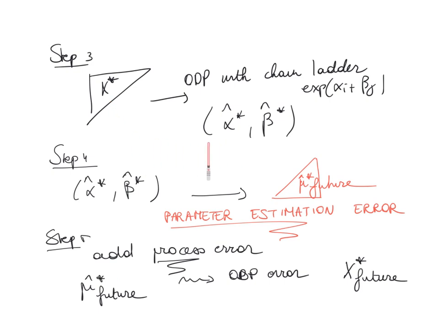I can repeat my model fitting procedure on this triangle. I get new parameter estimates. If I have parameter estimates, I can put them together and get estimates for the mean in my over-dispersed Poisson model. So that's my mu hat star. And then there is one last step to do, and that is how to go from the mean of your over-dispersed Poisson model to an actual simulation from this over-dispersed Poisson model.